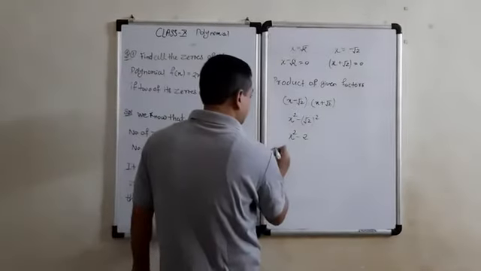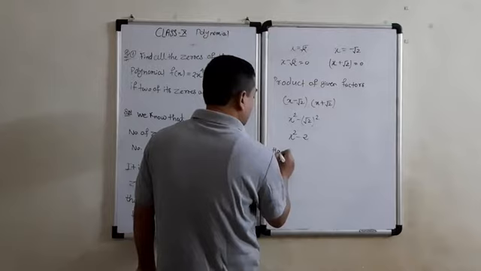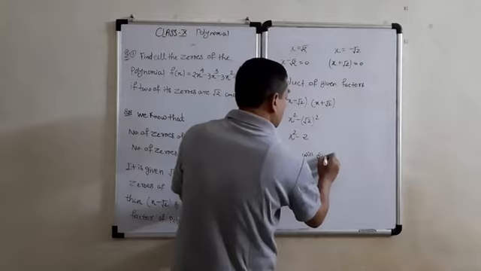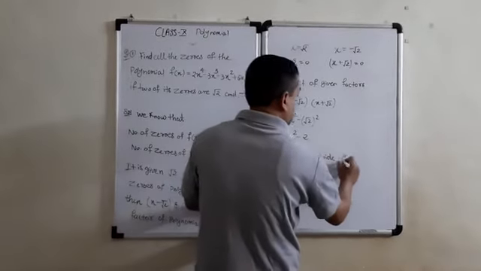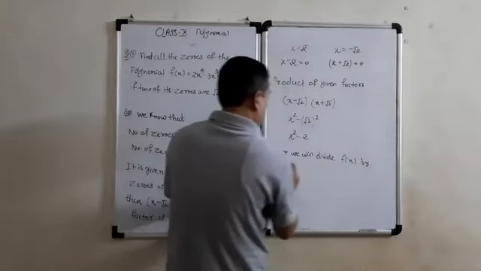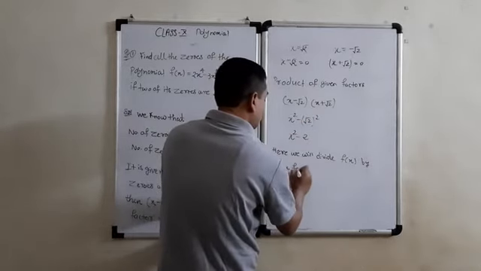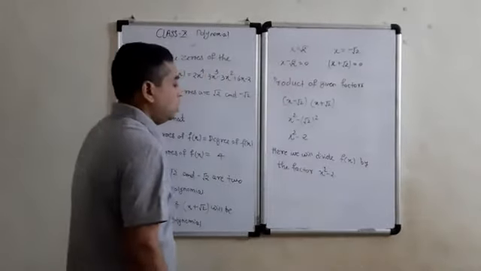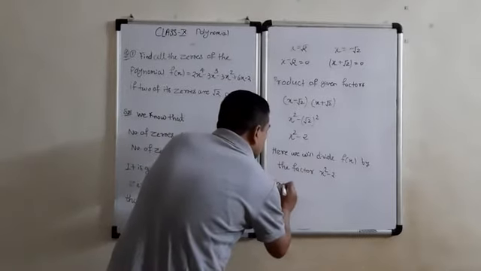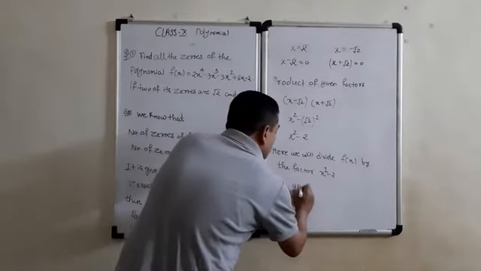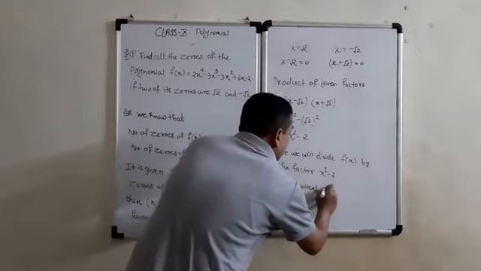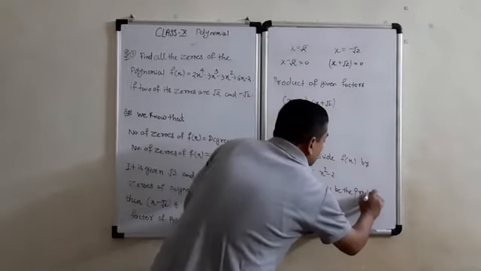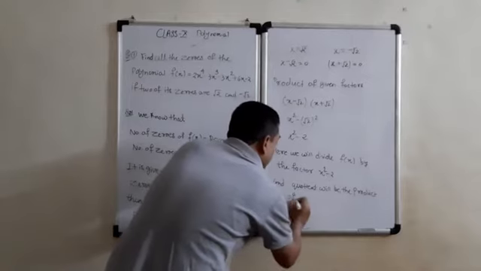So here we will divide f of x by the factor x square minus 2, and the quotient will be the product of the remaining two factors.